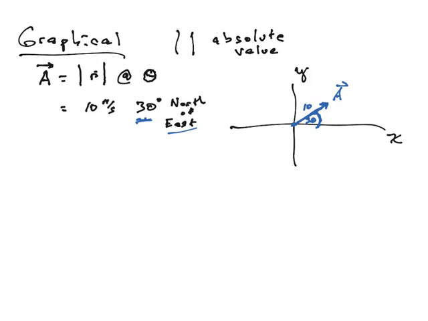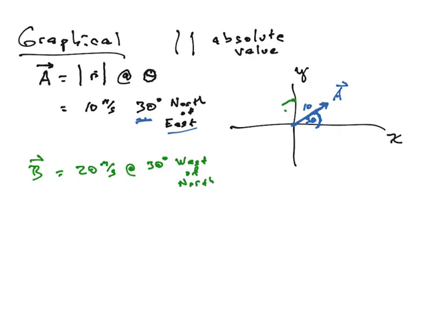Pretty easy. If I have another vector, let's say I have vector B, and let's say that's 20 meters per second, and this is going to be at, let's say, 30 degrees west of north. Okay, so how do I draw this? I say, okay, west of north. So I start on north, and I'm going to go 30 degrees to the west.